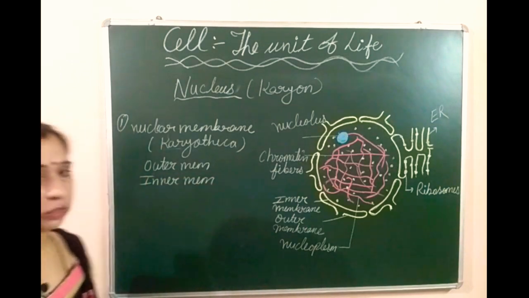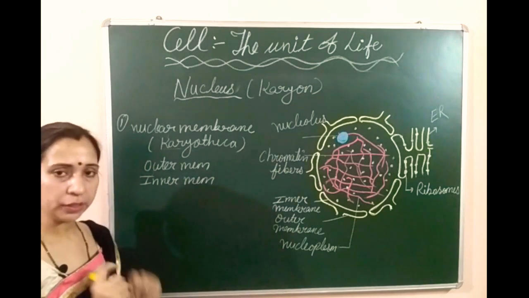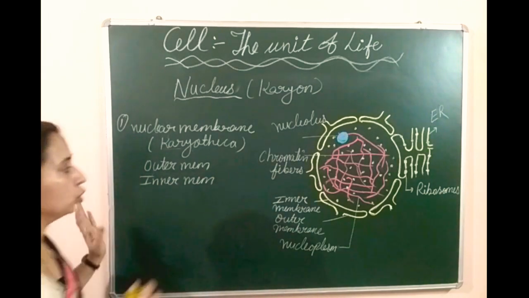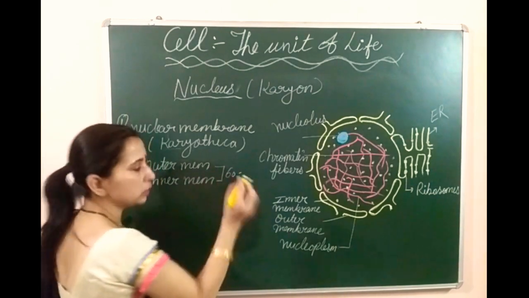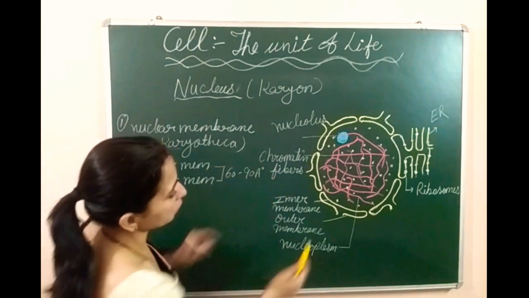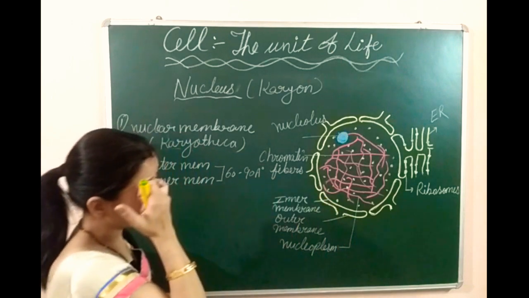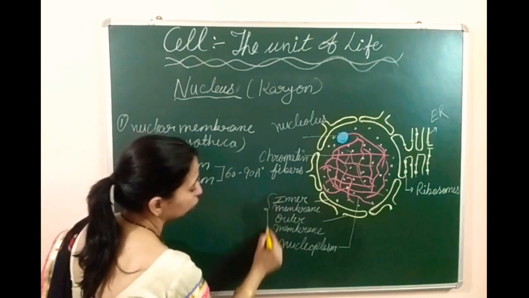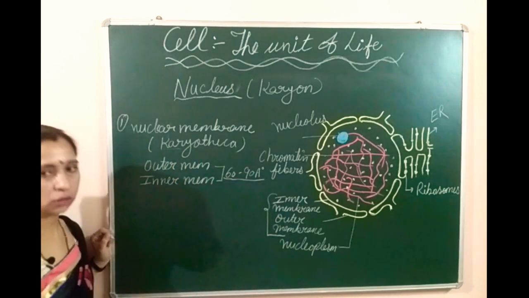The outer membrane is in connection with the ER, and the inner membrane is the smooth membrane. Both of these two membranes have 60 to 90 Angstrom of thickness. This is the inner membrane and this one is the outer membrane.